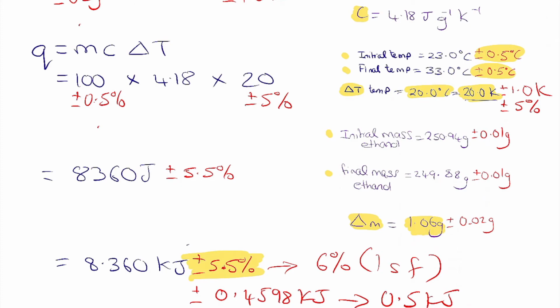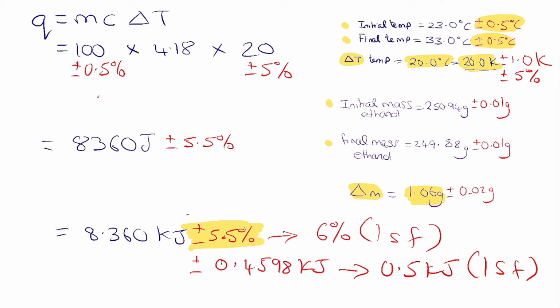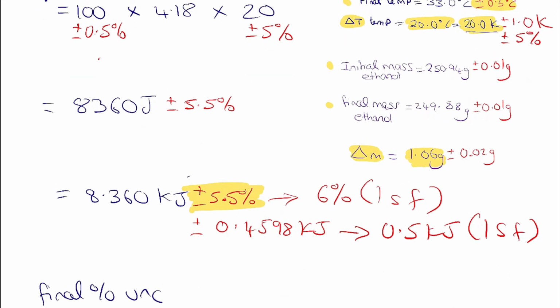So if this was the final answer, what would we do in terms of working out the final significant figures? If we look at the final percentage uncertainty, that is usually rounded to 1 significant figure if it is above 2%.